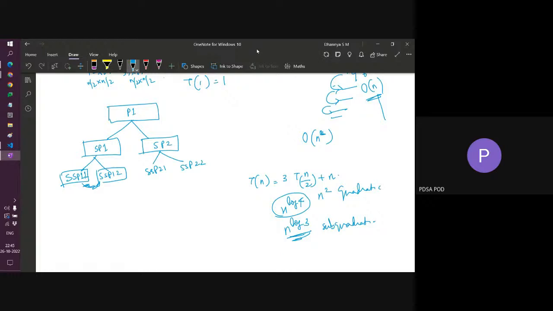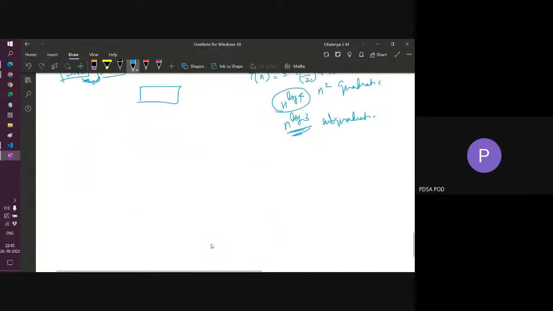That's the question. So let us look at the simple case of binary search. You have, say, something like this: 6 and 12 here, and then 2 and 7 here, then say 11 and 14.